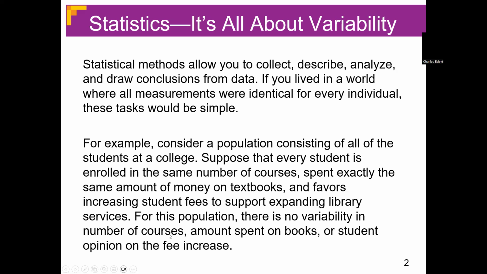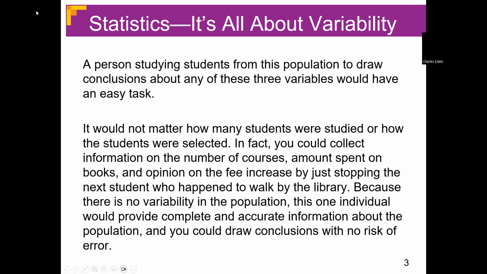Now, for this population, we would say that there is no variability in the number of courses, the amount spent on books, or student opinion on the fee increase. Now, a person studying students from this population to draw conclusions about any of these three variables would have an easy task. Again, there's no variability in all the variables. Now, it would not matter how many students were studied or how the students were selected.